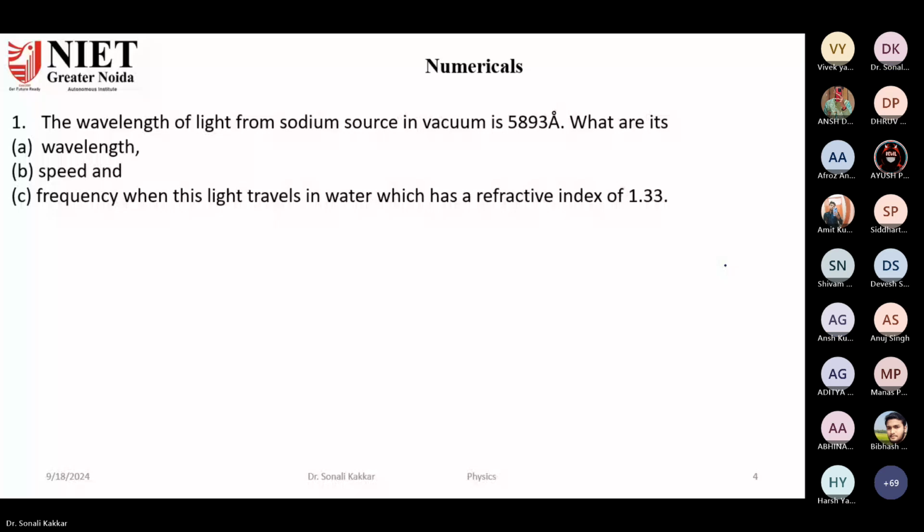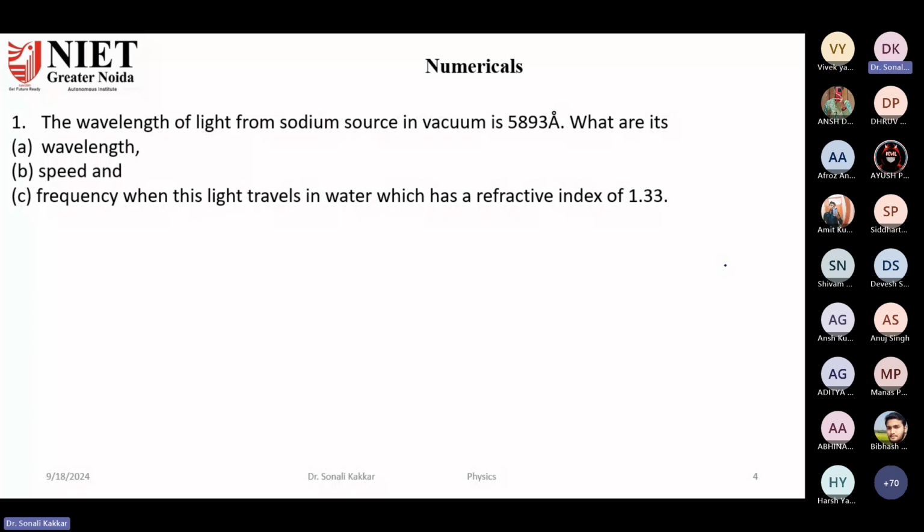Correct. Frequency 5 into 10 to the power 14 per second. Correct.